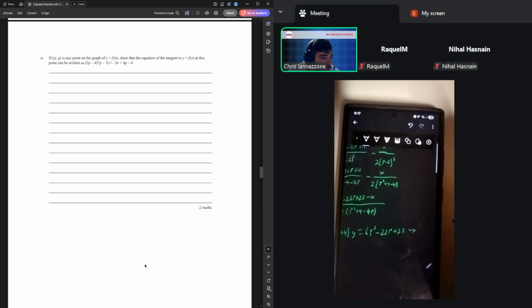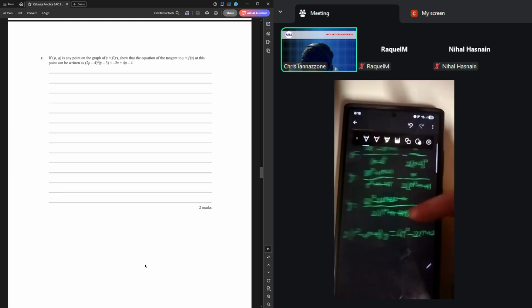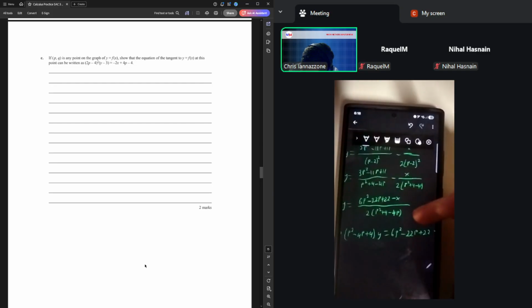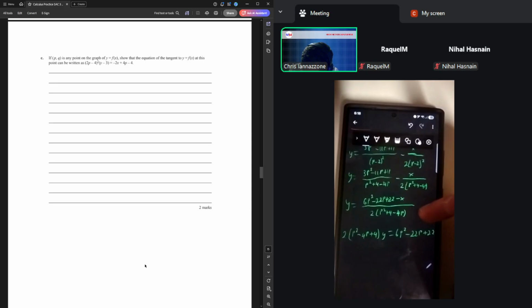Now it should be a minus 2x, so I guess multiplying both sides by 2 would get that.